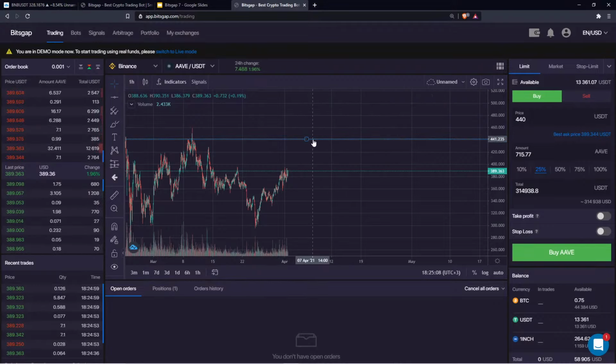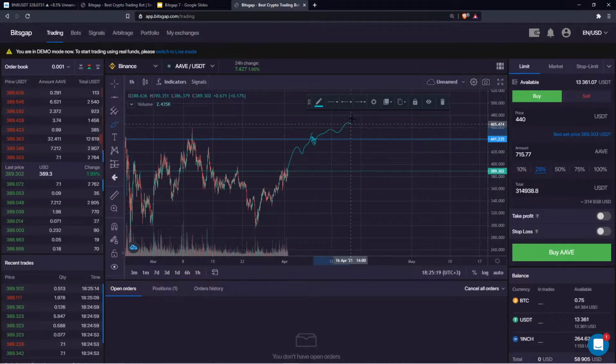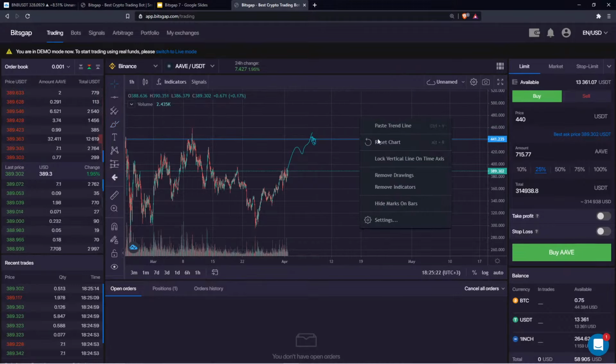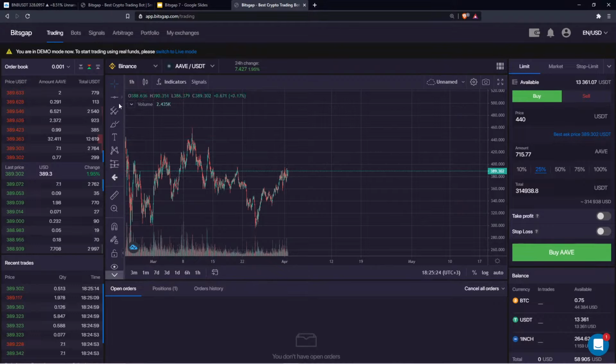That's my vision: I have more confidence in a long position only if the price rises to that point, because I believe that as it rises to that point it will go even higher. That's the condition I set for myself, so that's why I want to enter the market at this price.